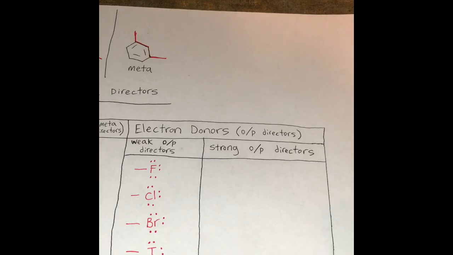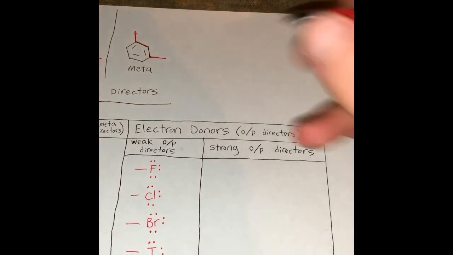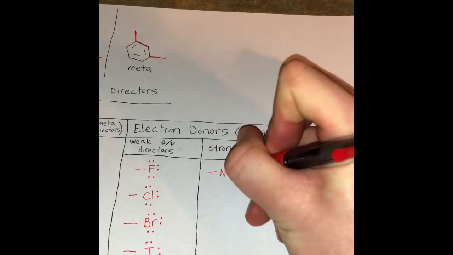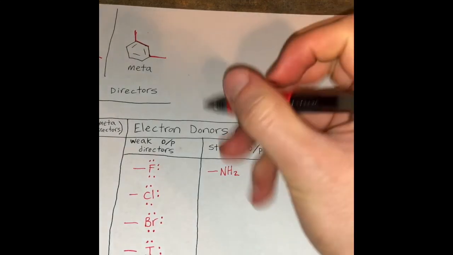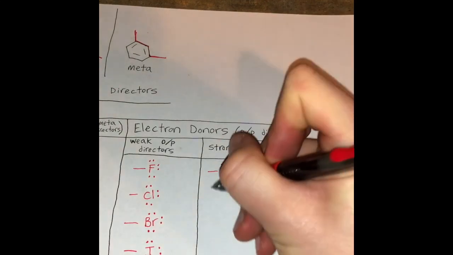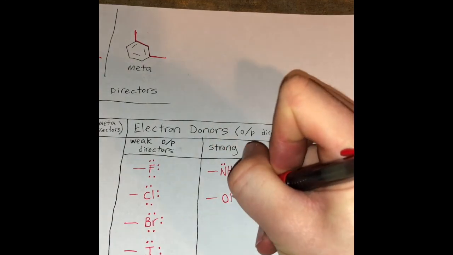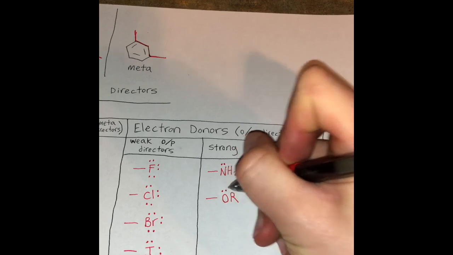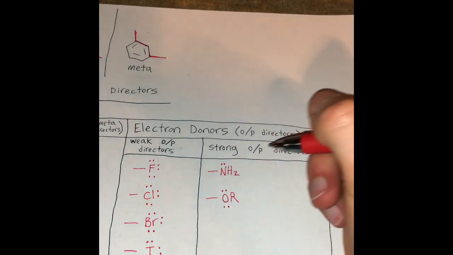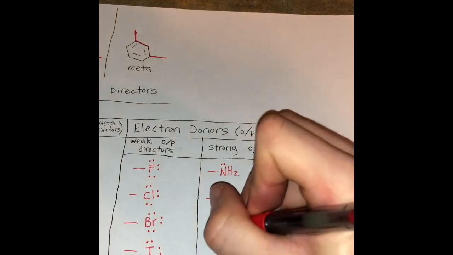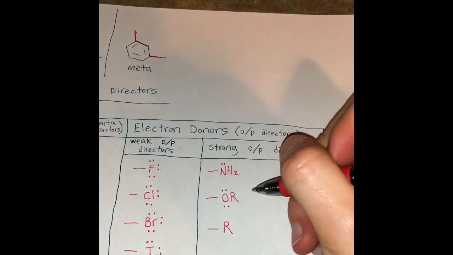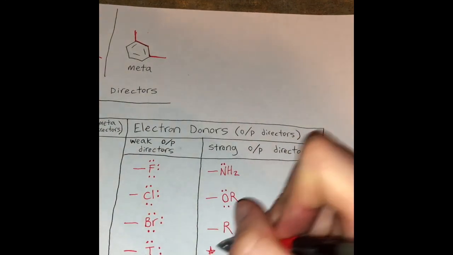Now we also have strong ortho-para directors, and these are the following groups: NH2, an OR group, just a plain simple R. In this case, R must be an alkyl.